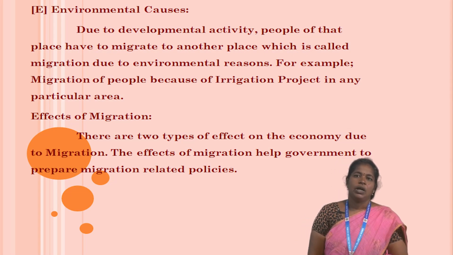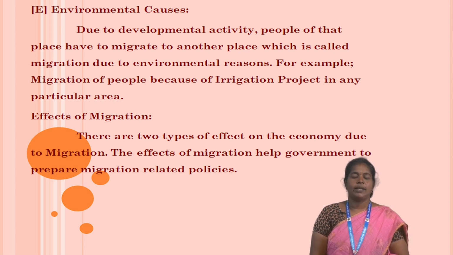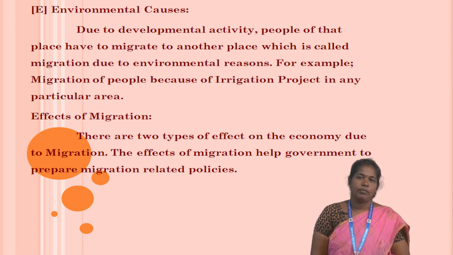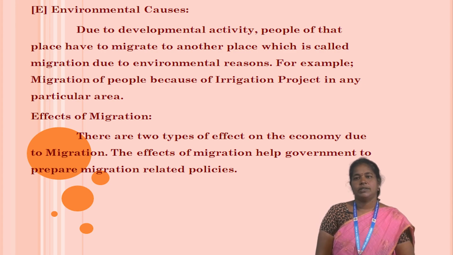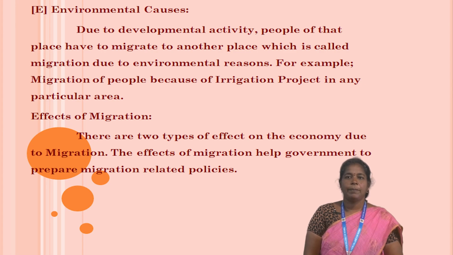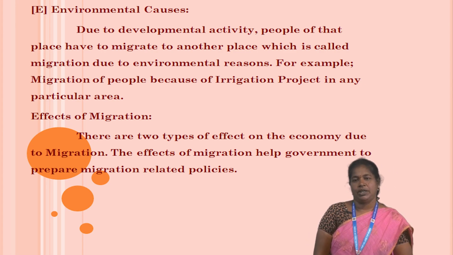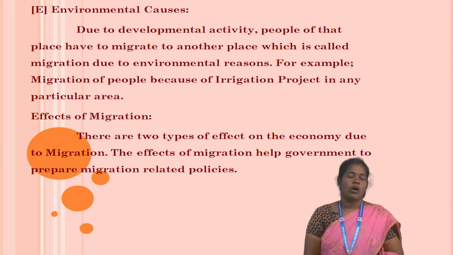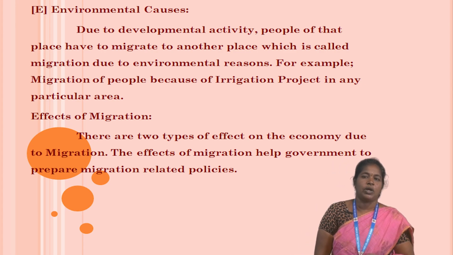Due to developmental activity, people of that place have to migrate to another place. For example, migration of people because of an irrigation project in a particular area. The government offered or provided some irrigation projects in a particular area.